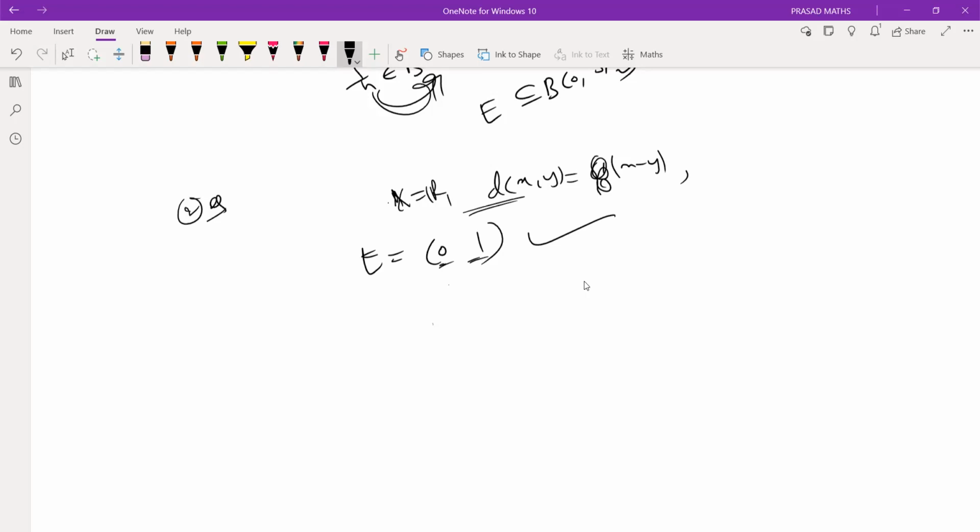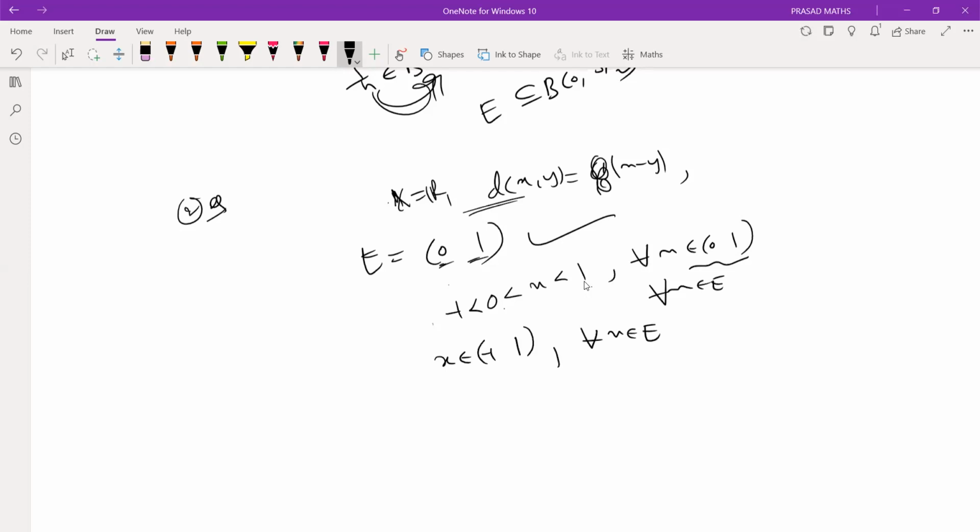But the thing in this course is that you need to go through it like this. Any member you take in the set that is inside 0, 1, can be written like this: -1 less than x less than 2. Therefore every point x in the set lies in (-1, +1)... every point should be in the interval around it. And this interval can be written as the open ball centered 0, 1 in the usual metric. Therefore the set is inside some open ball.